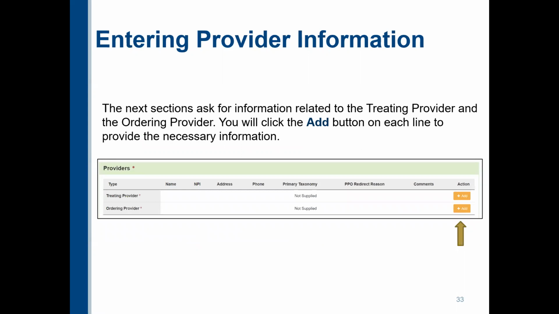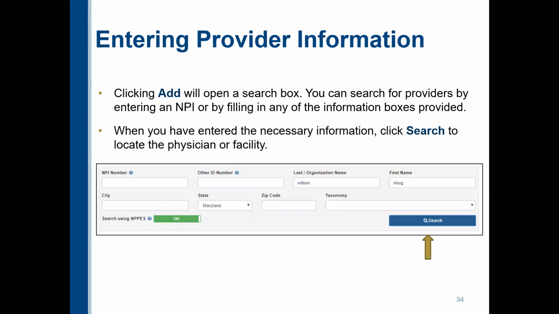The next sections ask for information related to the treating provider and the ordering provider. You'll simply click Add on each line to provide that necessary information. When you click Add, it will open a search box. You can search for providers by entering their NPI or by filling in any of the information boxes provided. When you've entered the necessary information, click Search to locate the physician or the facility.